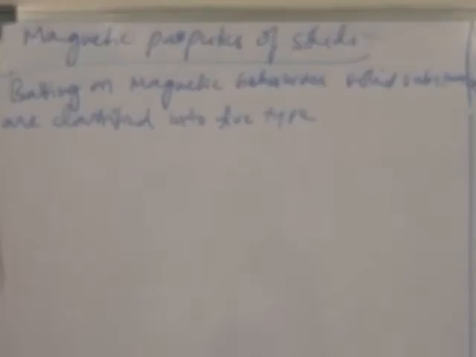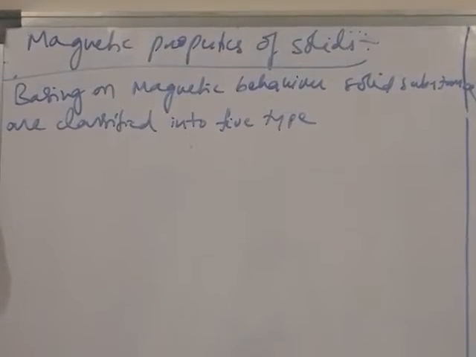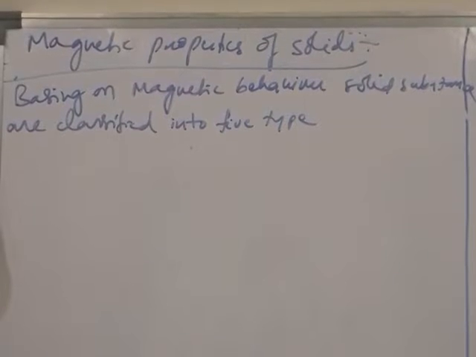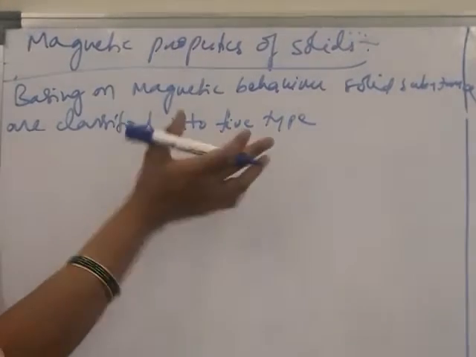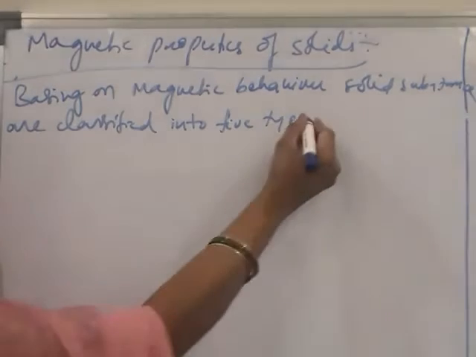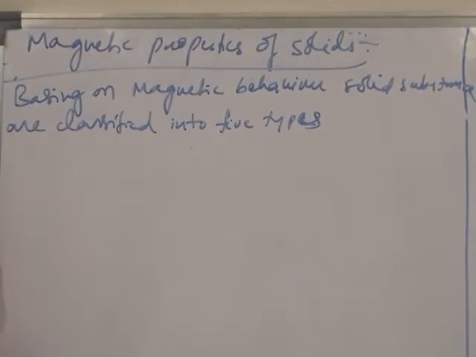First one is paramagnetic substances, diamagnetic substances, ferromagnetic substances, antiferromagnetic substances, and ferrimagnetic substances. So all these are the 5 types of solid substances, and I will explain one by one.